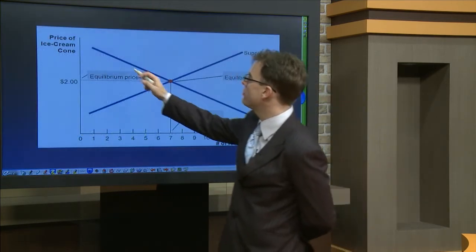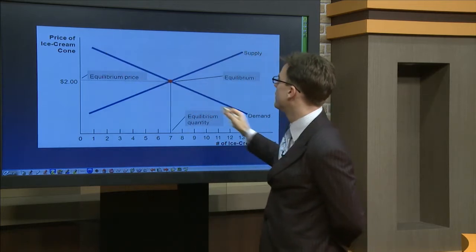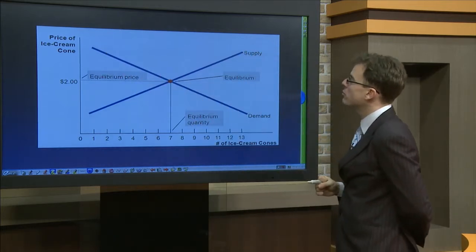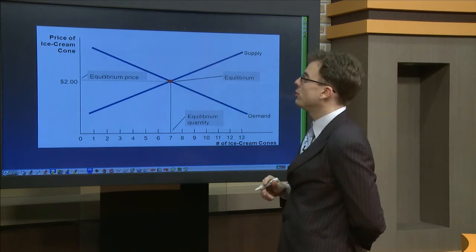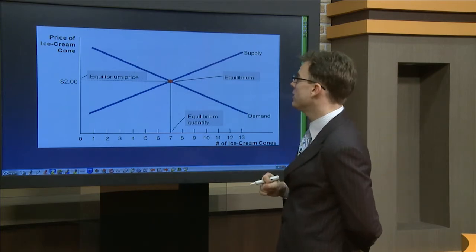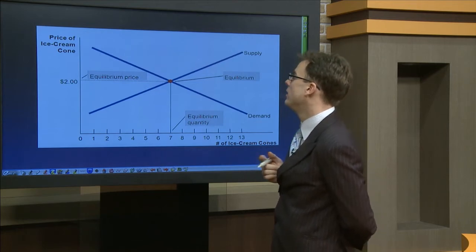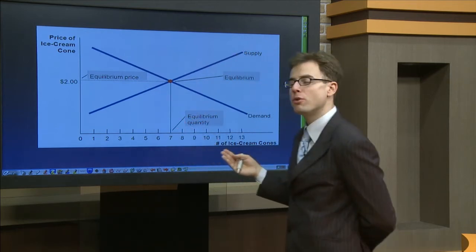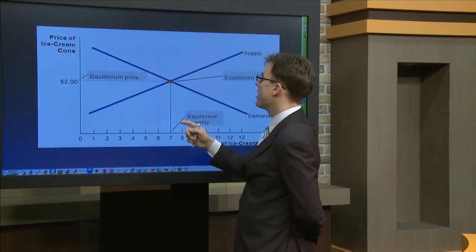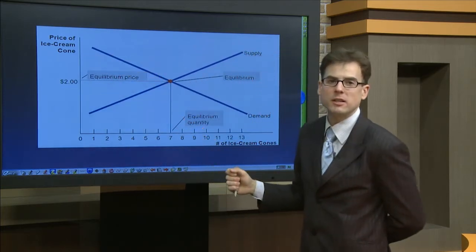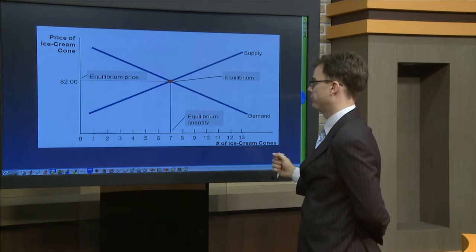So now we have looked a little bit at the demand side of the market and the supply side of the market, and we can introduce the law of supply and demand, which tells us that in the solution to the market, the price adjusts so that quantity demanded is exactly equal to quantity supplied.